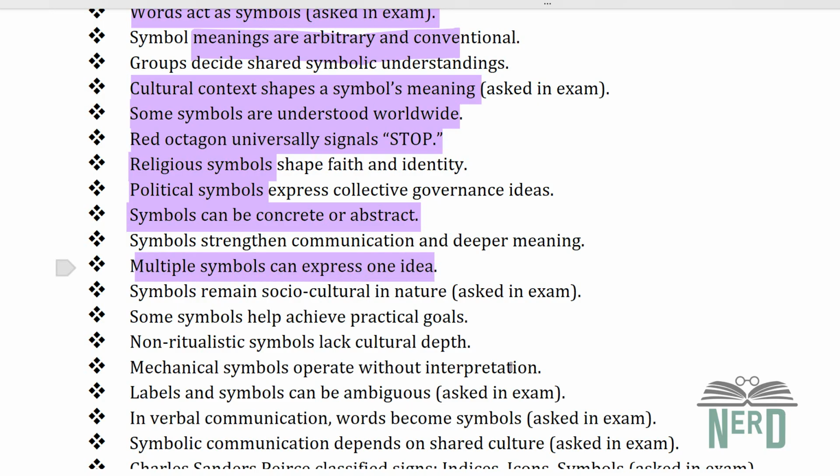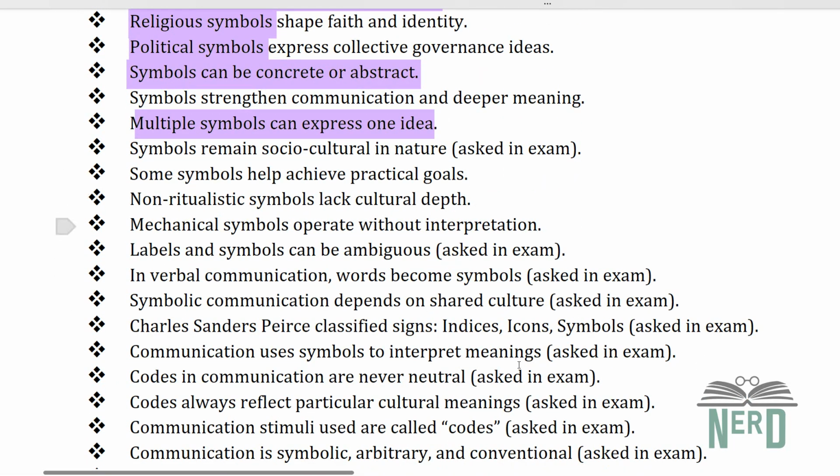Not all symbols are interpretive or emotional. Some are purely mechanical, like the signs used in computer coding or data processing, where meaning is fixed and context is limited. Others may be non-ritualistic, meaning they don't carry deep cultural or spiritual significance. And sometimes labels or symbols may be ambiguous, a point that, again, has appeared in exam.